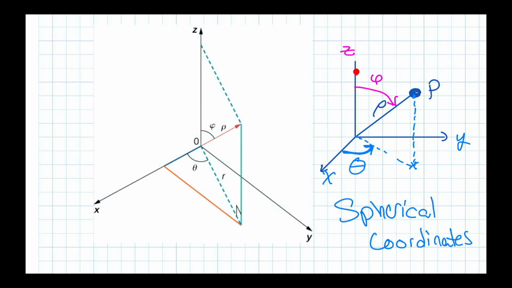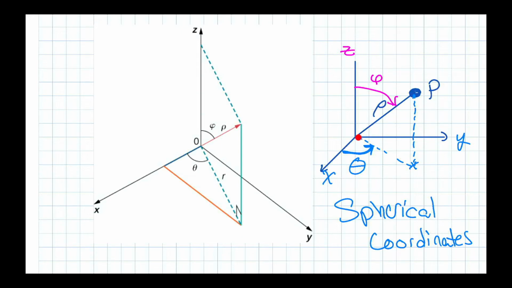So if you think about it, straight up is phi equals 0. If you measure down to here, that's 90 degrees. If you keep measuring down here, you get to 180. So straight up is 0, straight down is 180 degrees, and there's no reason to ever go past 180, right?